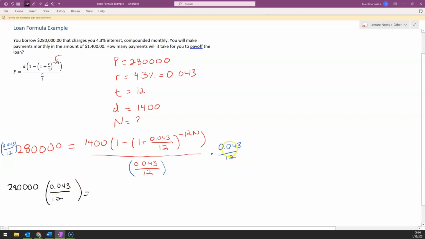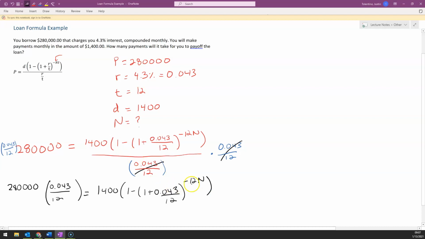And on the right side, since we multiplied to cancel this out, the multiplication will cancel out the division. And so we're left with 1,400 times 1 minus 1 plus 0.043 over 12 raised to the negative 12N.